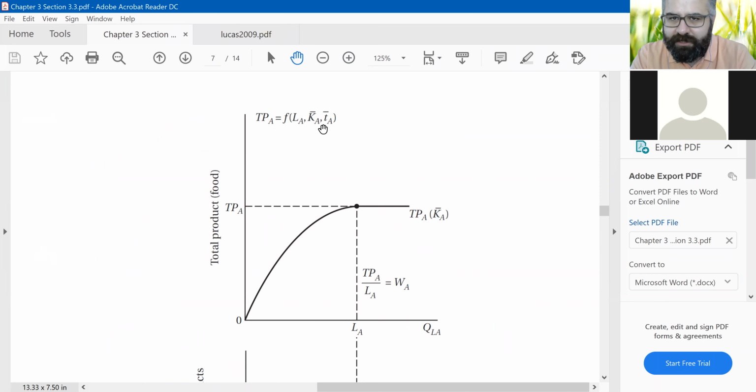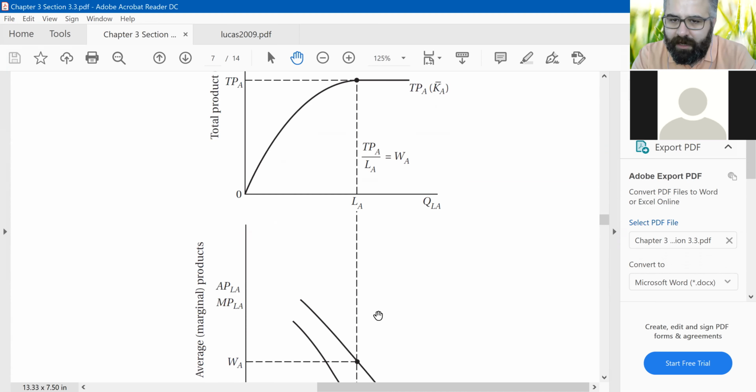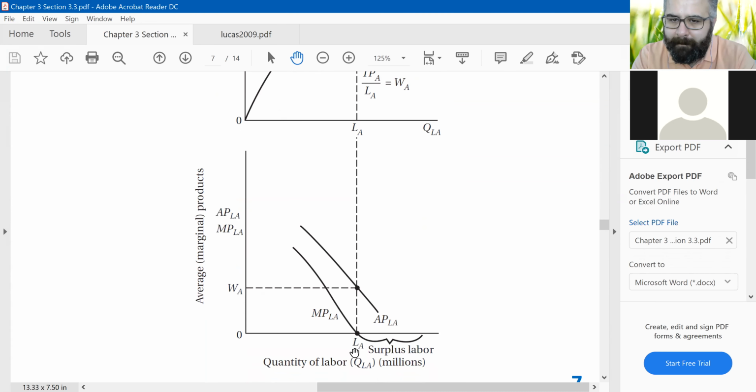And then technology here, denoted by lowercase t, is also constant in agriculture. When this is true, it is reasonable to assume that eventually diminishing returns kick in. So there is a particular quantity of labor in agriculture that equates marginal productivity to zero.